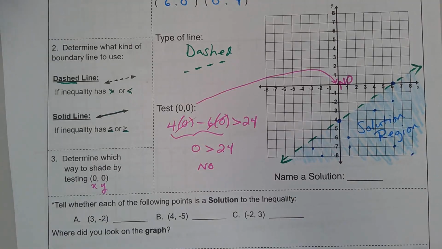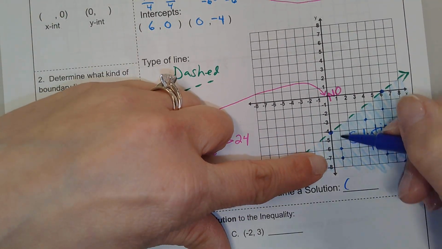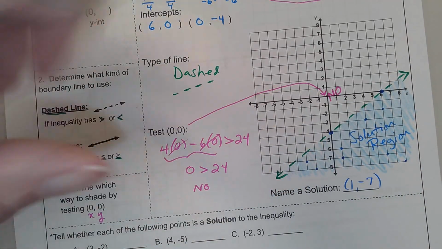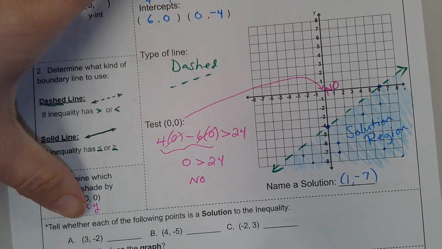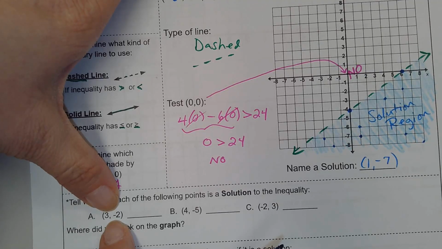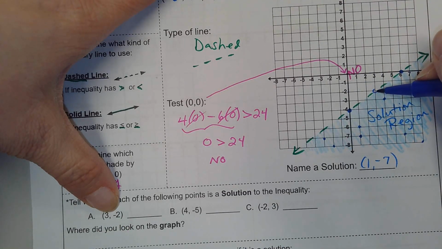Let's name a solution. I'm going to pick this one right here. The x number is 1, and the y value is -7. Let's see if these are solutions. (3, -2) is right here.